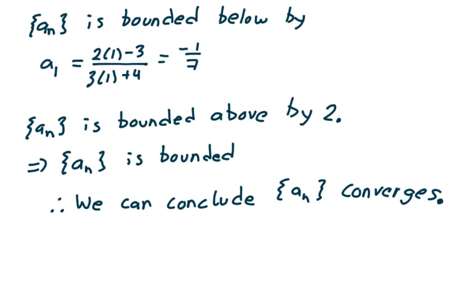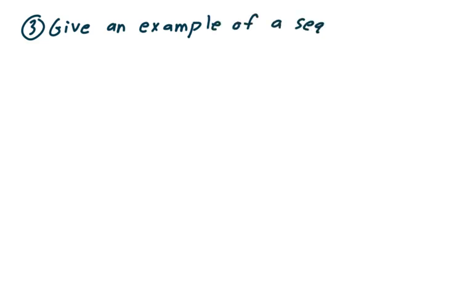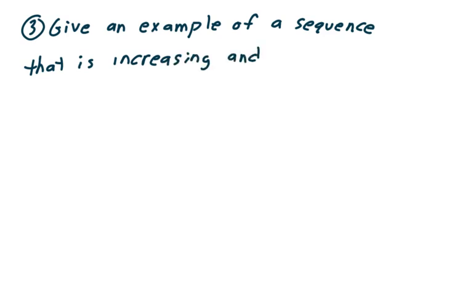Now, number 3. It says, give an example of a sequence that is increasing and diverges.